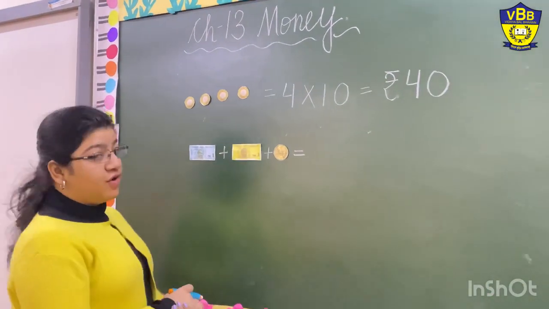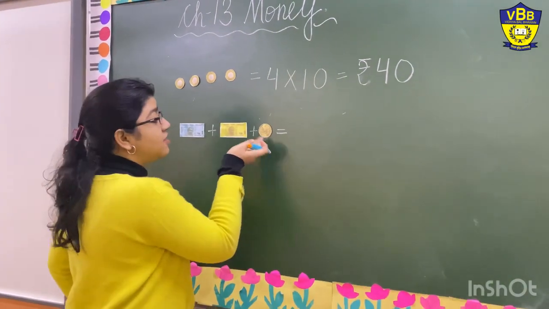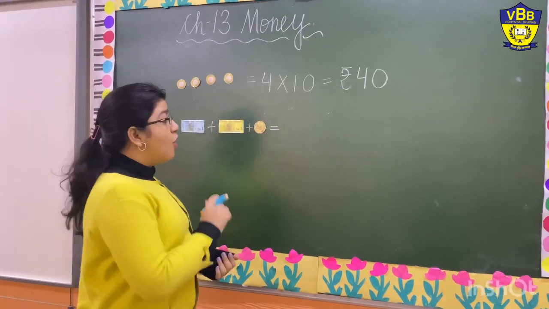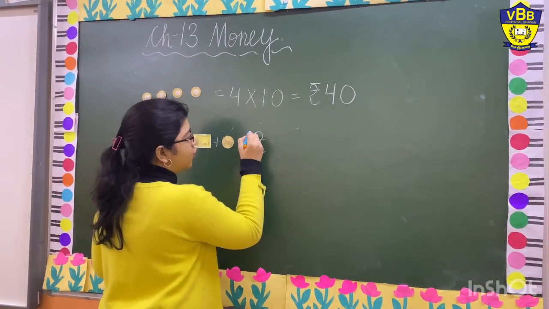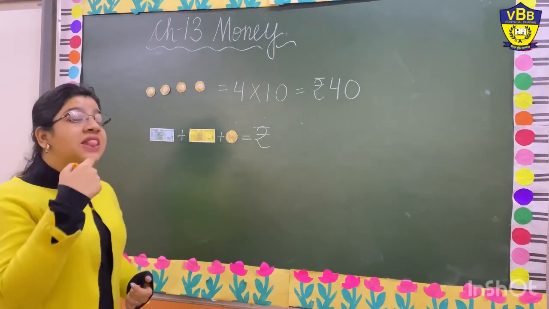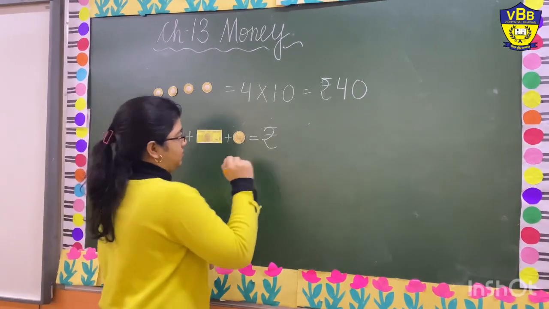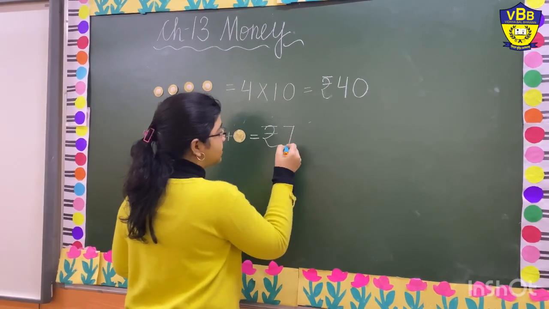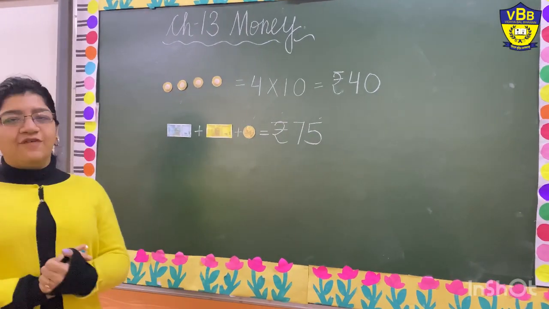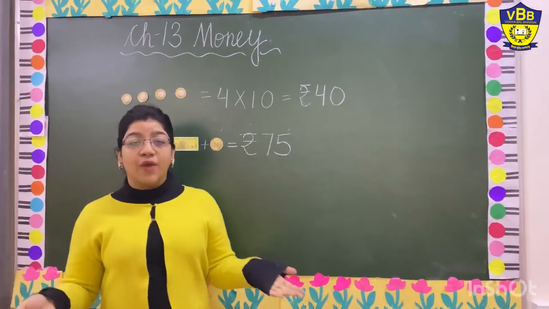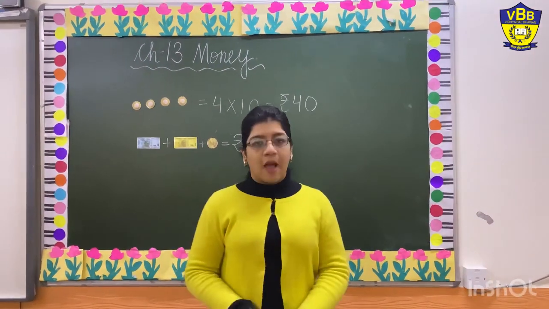And 70 plus 5 is, well done. First we have to write the rupees sign, then we have to write the answer. So what is the answer? 75 rupees.